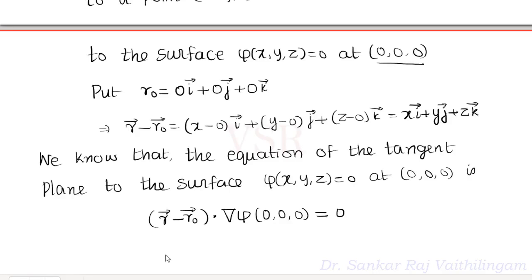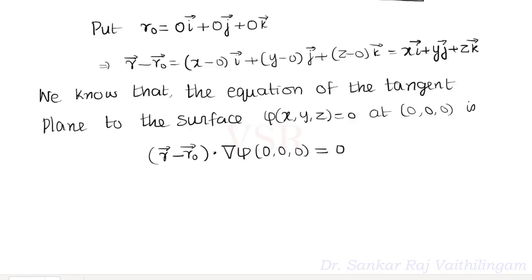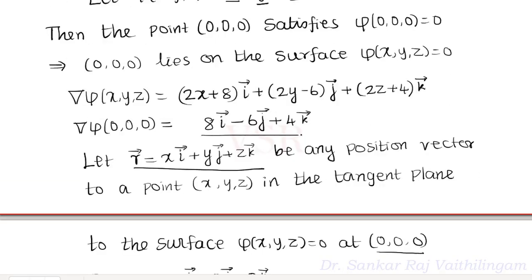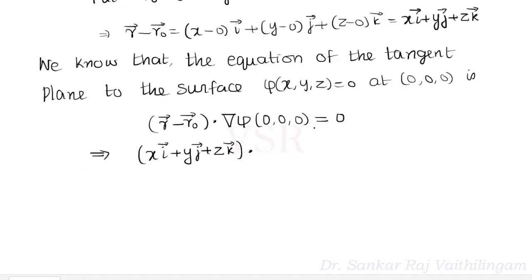Upon r minus r naught, this implies that I am having x i vector plus y j vector plus z k vector, dot product with, இது யாரு இங்க கால்குலேட் பண்ணிச்சுக்கோங்க, 8i minus 6j plus 4k vector, which is equal to 0.